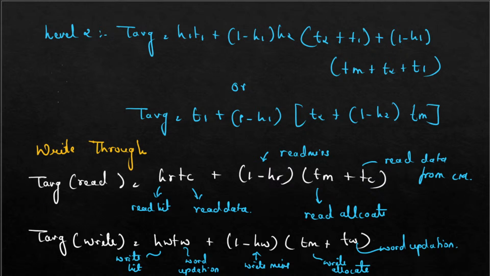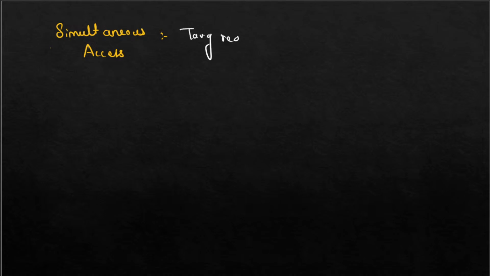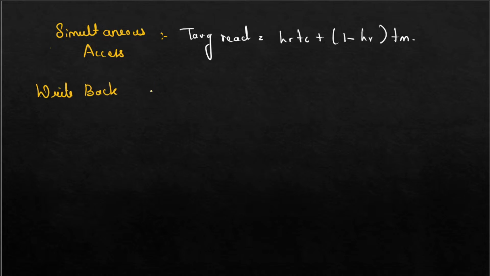So simultaneous access is T average read is equals to HR TC plus 1 minus HR TM. Okay. Now let's see write back updating technique.